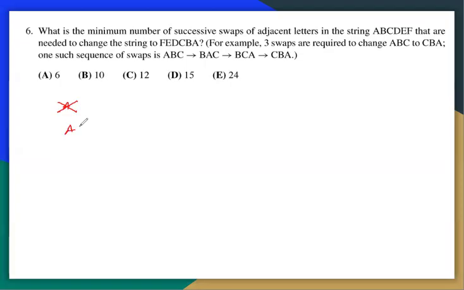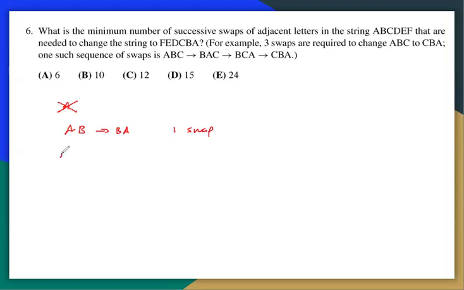But if I have 2 letters, let's say A, B, and if I want to make this into BA, there's only 1 swap needed. So you just swap those 2 letters. That means this is one swap.